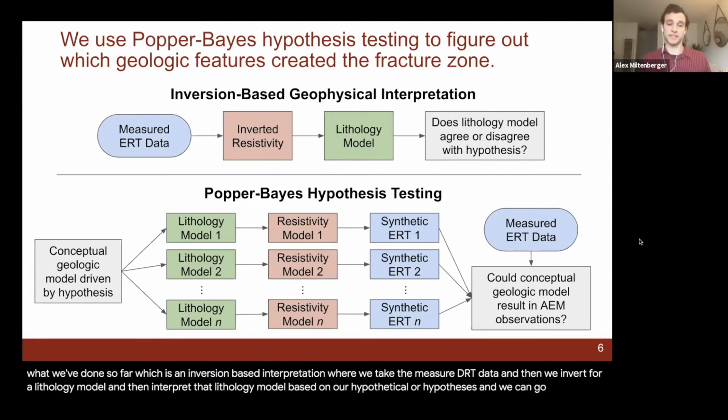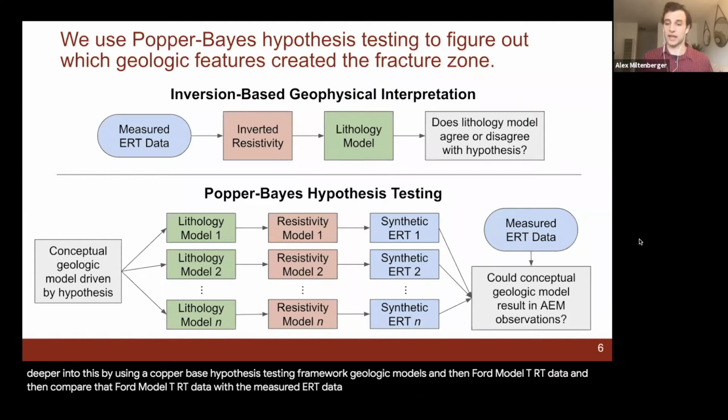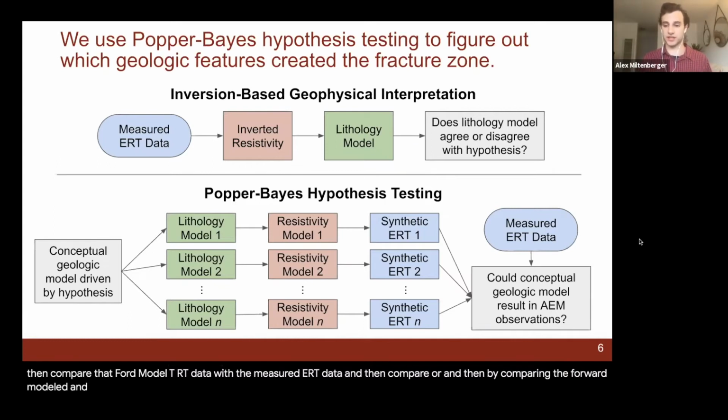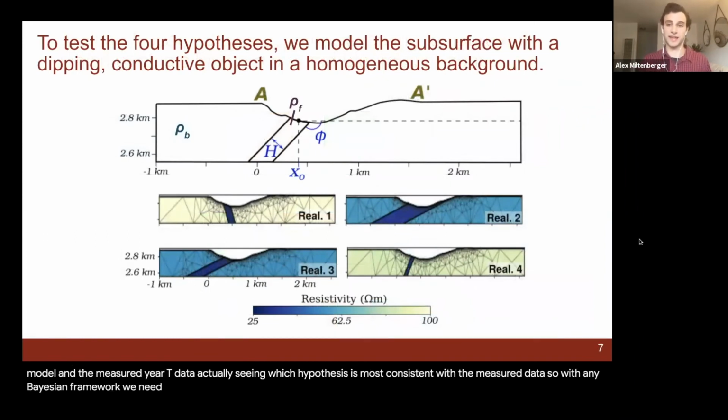We can go a little bit deeper by using a Popper-Bayes hypothesis testing framework, where we actually start with our conceptual geologic models and then forward model ERT data, and then compare that forward modeled ERT data with the measured ERT data, actually seeing which hypothesis is most consistent with the measured data.